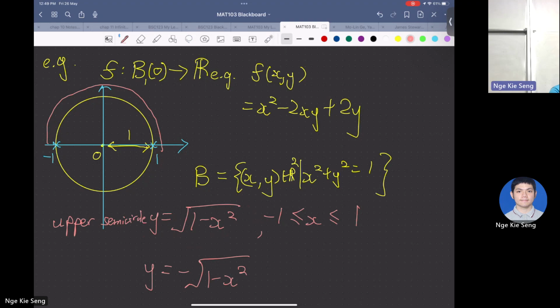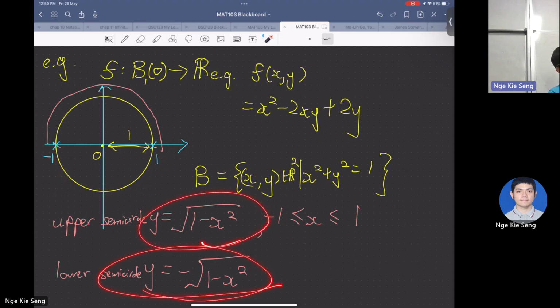If I put a negative sign, I'm getting the lower semicircle, because you can see that the lower part has negative value. Make sense? Now we just need to check these two.